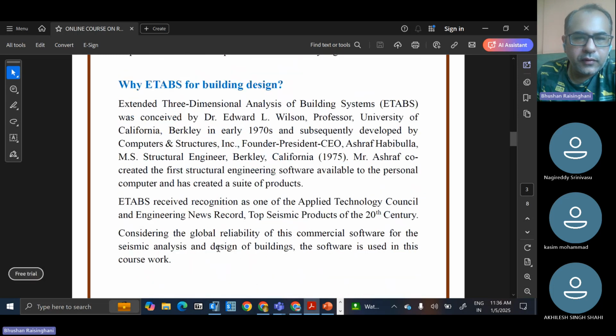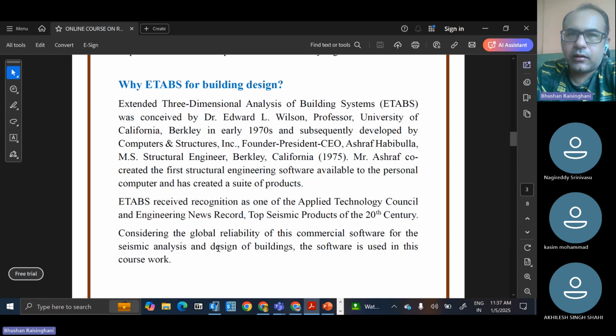So why we are using ETABS software in this course, I have mentioned it, so you can go through that. It was developed in 1975 in Berkeley, USA, and it is one of the best tools for earthquake resistant design of RCC buildings. As compared to other software, this software has a more detailed approach and better consideration of all the parameters that are needed.